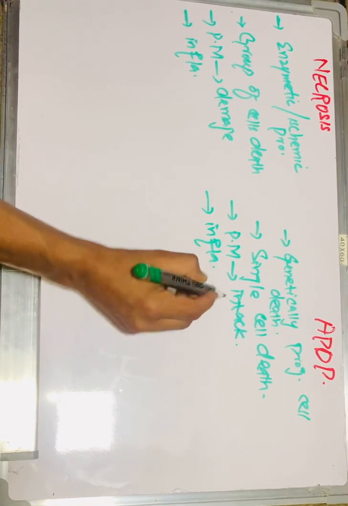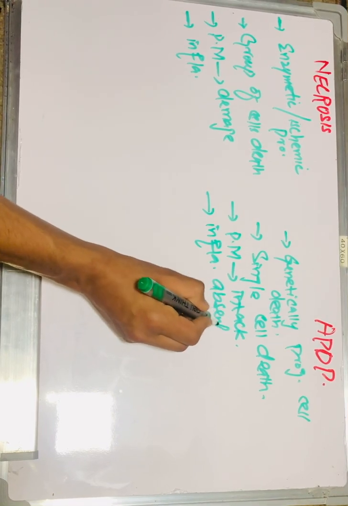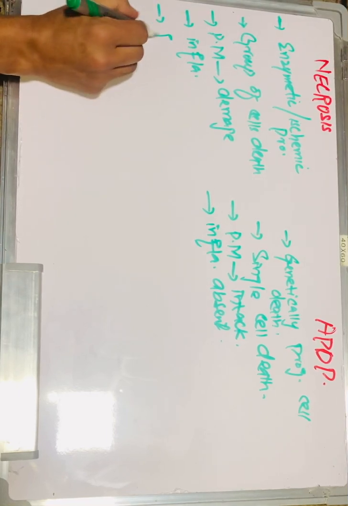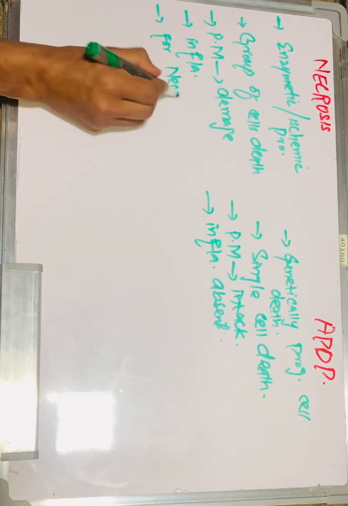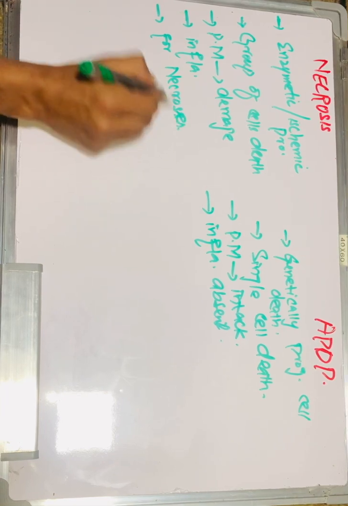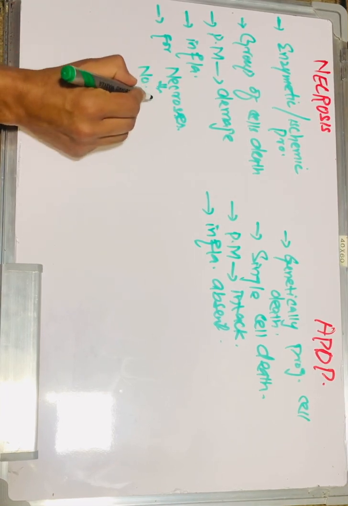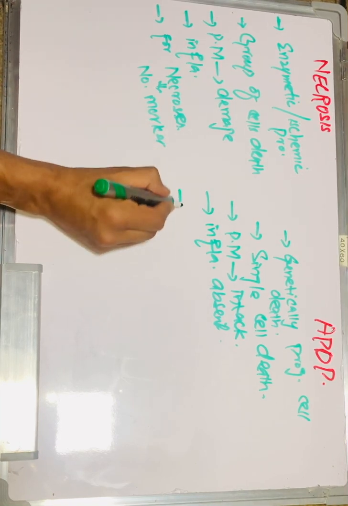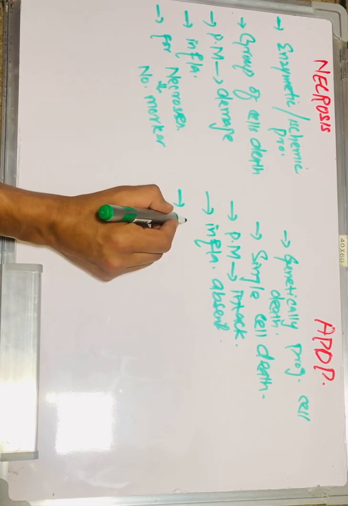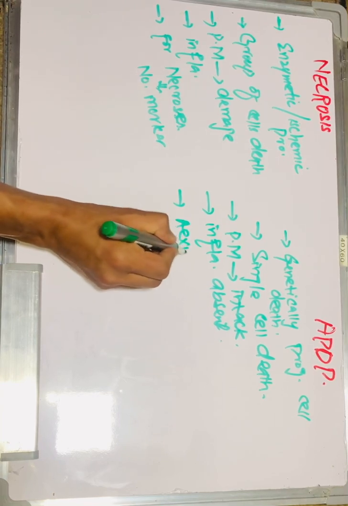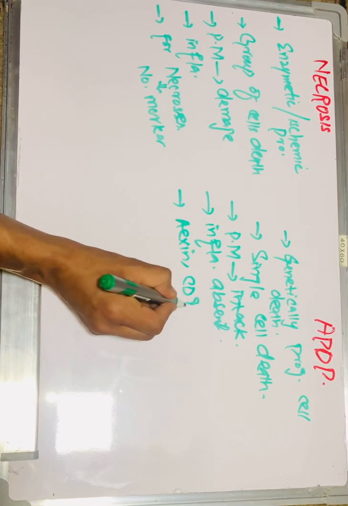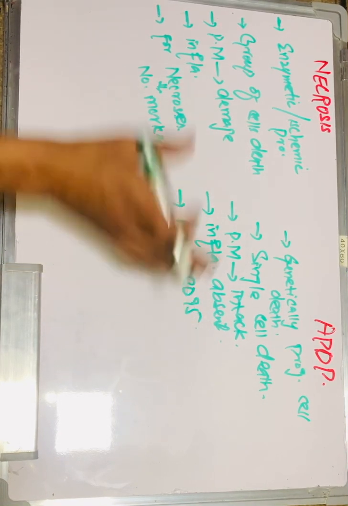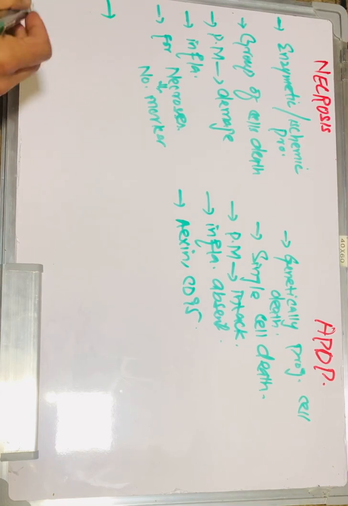Inflammation is absent in apoptosis. For necrosis we have no marker to find out whether the cell is necrotic or normal. But for apoptosis we have markers like annexin and CD95, which are used to find whether the cell is normal or apoptotic.